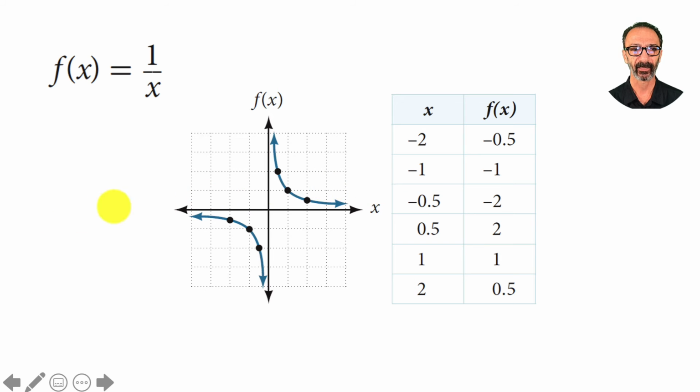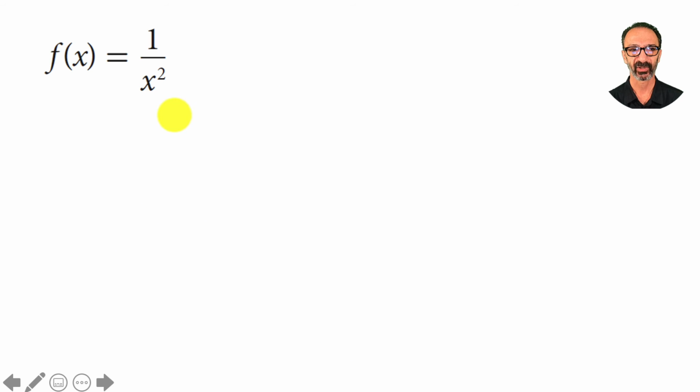That's why as x approaches 0 from the right, you go all the way up, and same pattern, but negative stays negative as you approach 0 from the left. You can't plug in 0, that's why we are not touching the y-axis. This is called the reciprocal function. In case you square the x to the second, you're not going to get negatives, just like this guy.